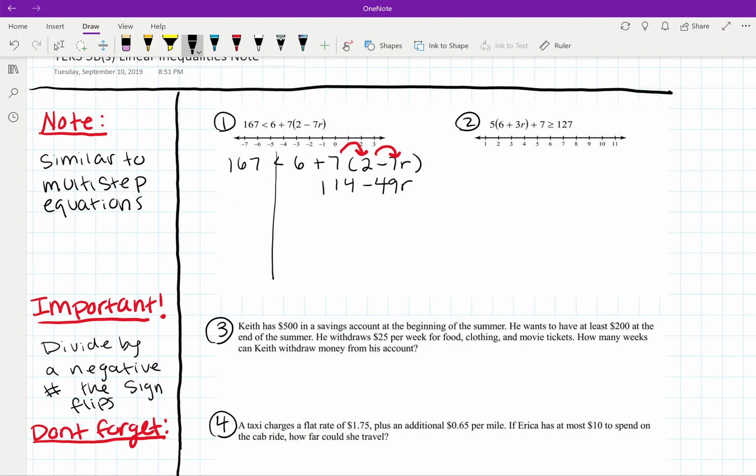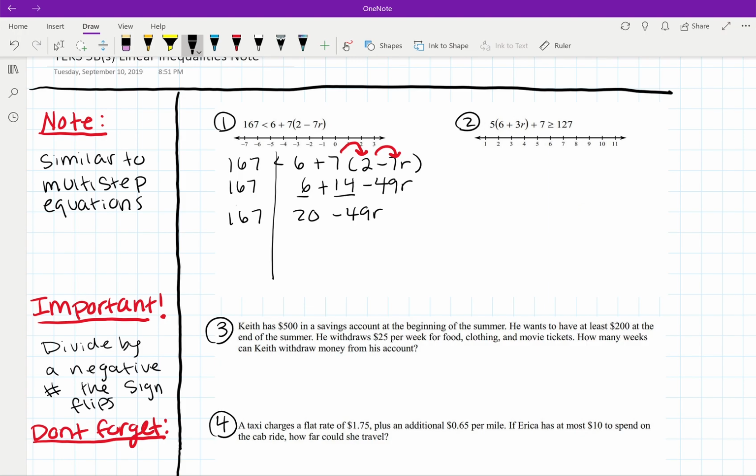And I'm going to bring everything else down, exactly like multi-step equations. Okay, from here I'm going to combine like terms. So I have 6 plus 14, which gives me 20, and then bring everything else down, minus 49r, 167.